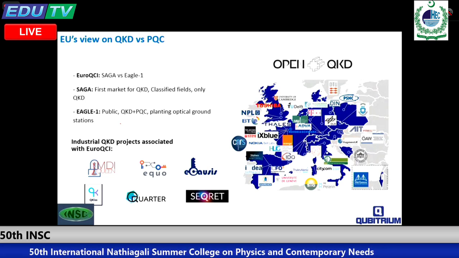In Saga, that is the first market for QKD, classified fields, only QKD. So this is basically more critical infrastructures, more critical data transfer. So they would like to focus on QKD because it's more secure. But of course, there'll be some other industrial use cases as well.